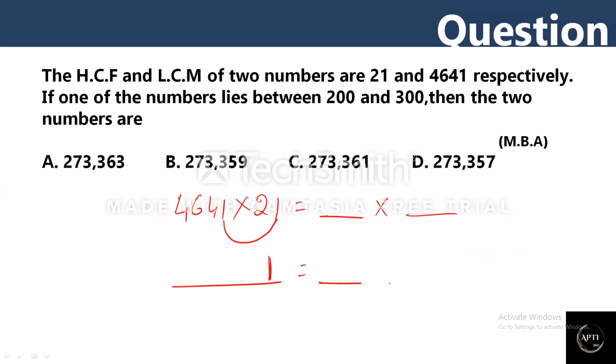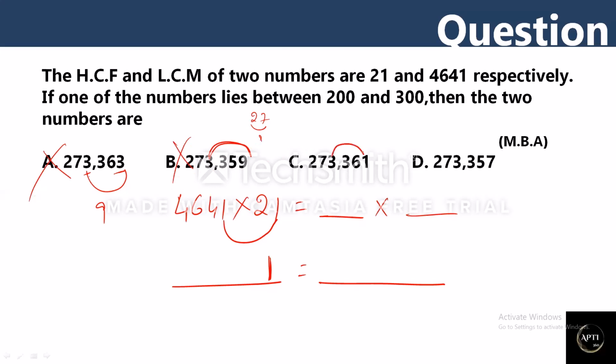Now check with the options by substituting the values. We'll go with the option verification method. The first option ends with 3, and the next number also ends with 3. 3 into 3 is 9, so option A is not satisfied. Next, 3 into 9 is 27, which ends with 7, so option B is not satisfied.